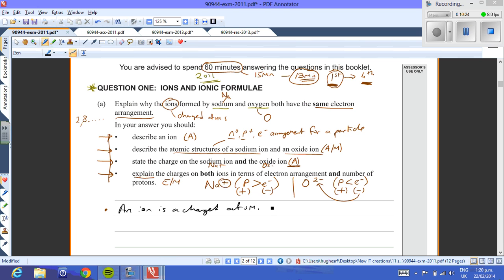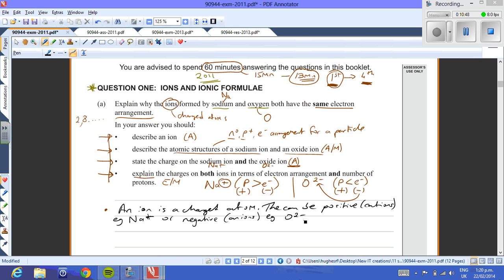So an ion is a charged atom. They can be positive, which are known as cations, e.g. sodium ion, or negative, which are anions. An example in this case would be O2- oxide.